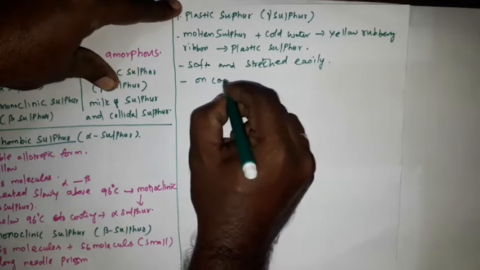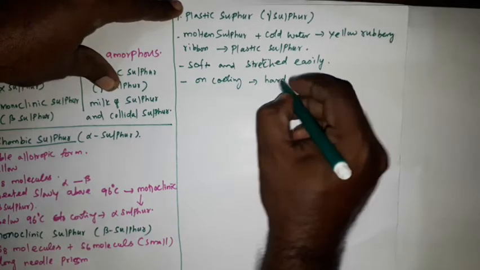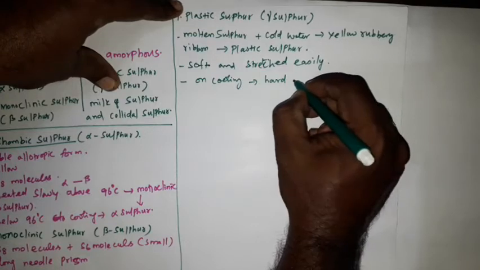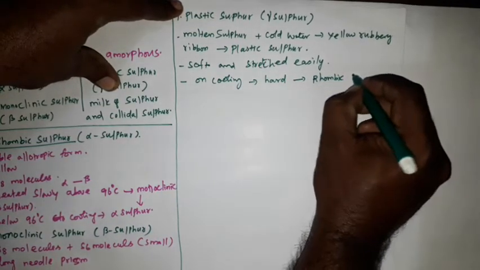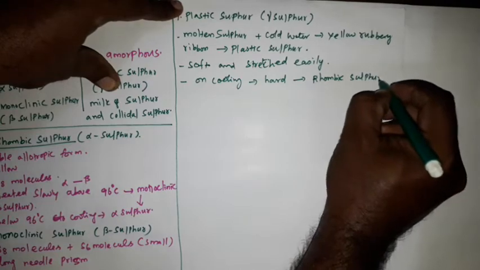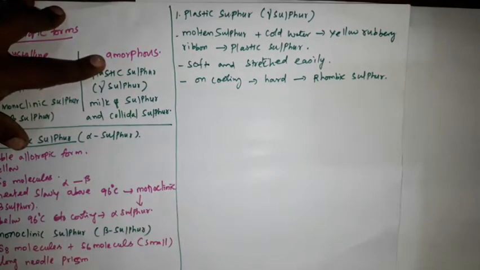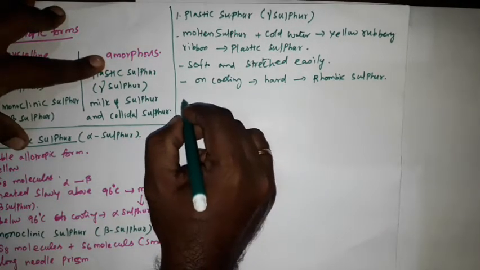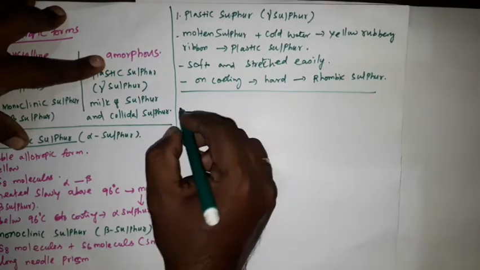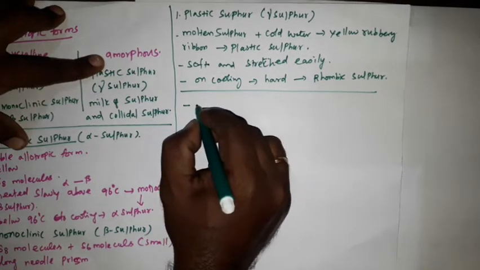On cooling, it will become hard and change to stable rhombic sulfur. Clear? Now some general characters of sulfur. Sulfur exists in solid, liquid and gaseous states.